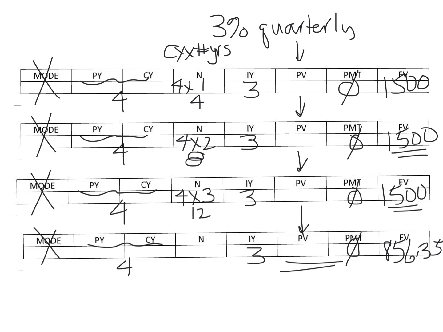And our final calculation of present value, it's $856.35. It's moving from 4 years in the future to present value today. So that'll be 4 compounds per year times 4 years. That will be 16. And now using our BA II Plus calculator and inputting the values correctly, each of those present value calculations will be simple to do.